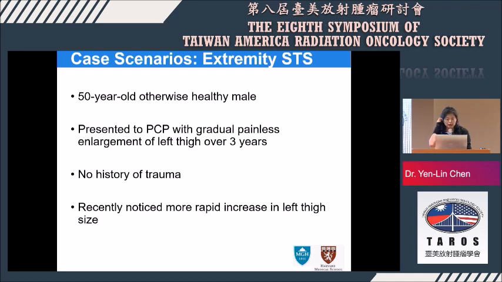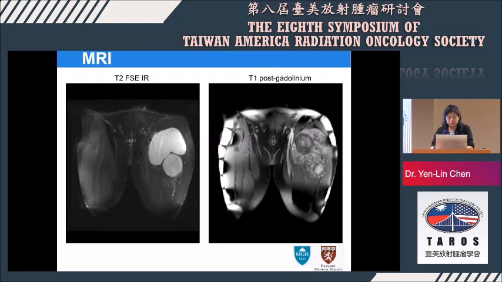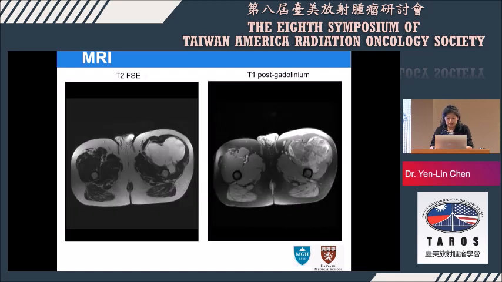To start off, we have a 50-year-old, otherwise healthy male who presented to his PCP with a gradual painless enlargement of his left thigh for over 3 years. He has no history of trauma and recently noticed a more rapid increase. Eventually, an MRI was ordered showing an 18 centimeter by 12 by 10 centimeter large heterogeneously enhancing T2 bright mass within the left quadriceps.